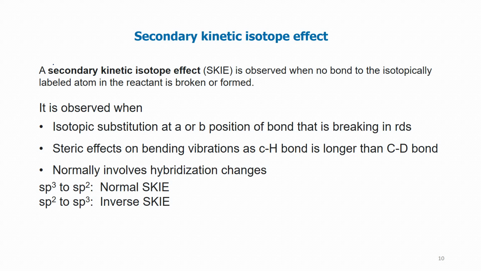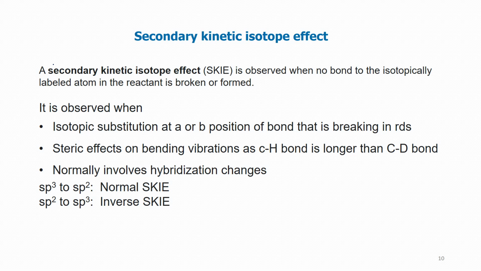The steric effect on bending vibration, as CH bond is longer than CD. Why is this observed? Because if you see that the bond length of CH is greater than that of the CD bond.